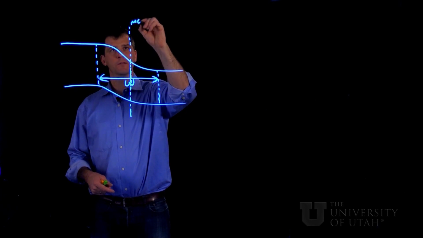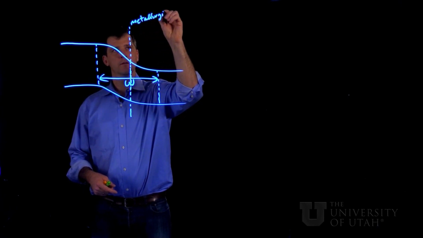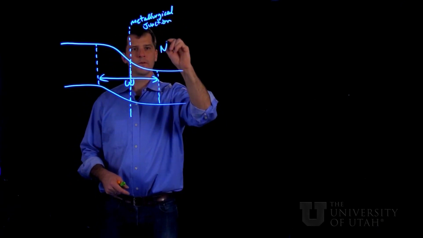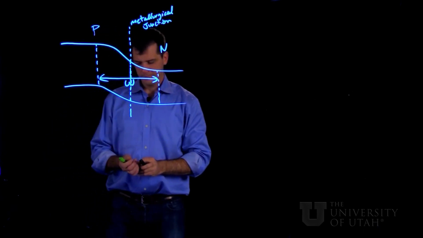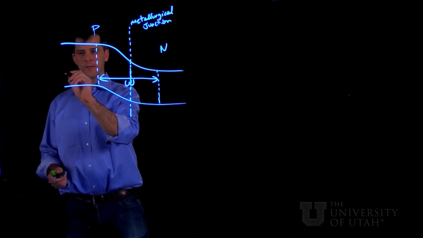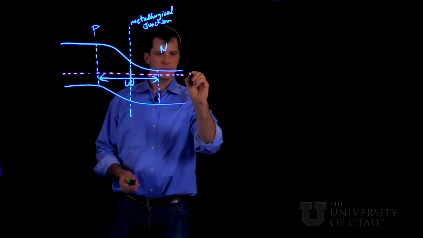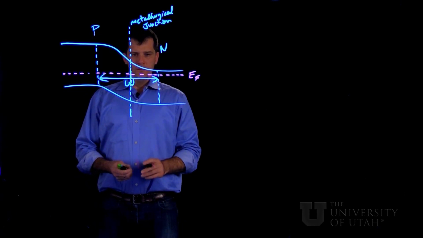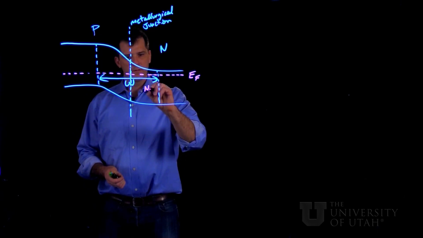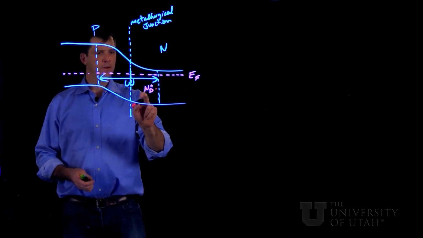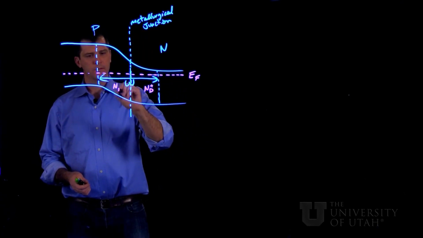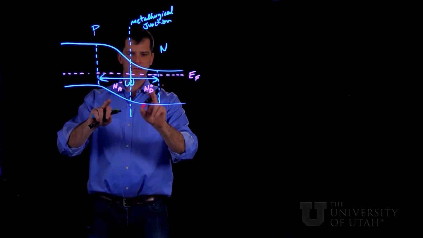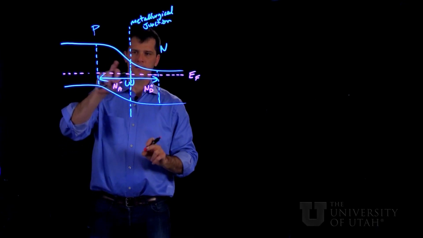So this is the metallurgical junction, where the N-type side and the P-type side come in contact. We have our Fermi level, which is constant across the entire junction. And we said that we're going to have ionized donors on this side and ionized acceptors on this side, making an actual charge density that's positive on this side and negative on this side.